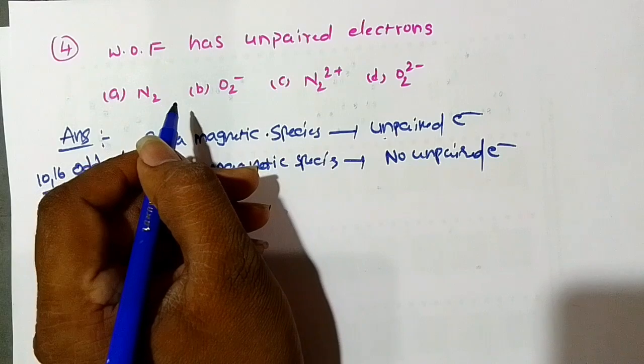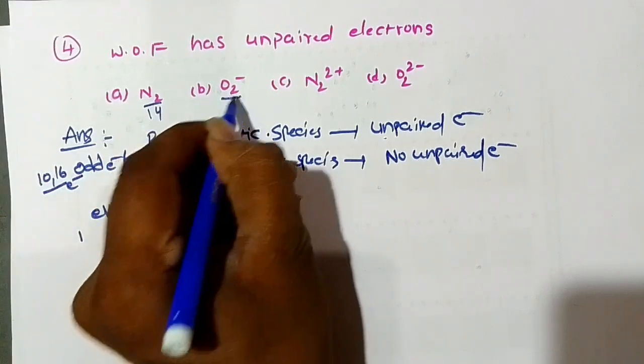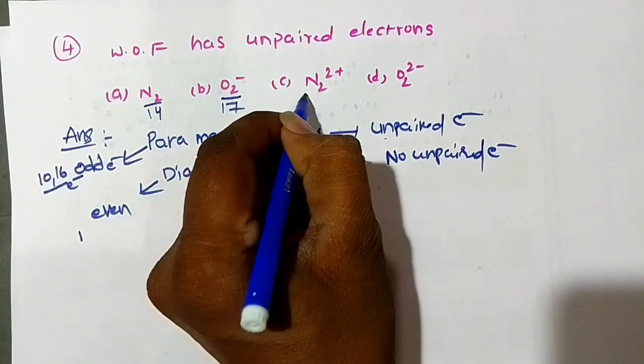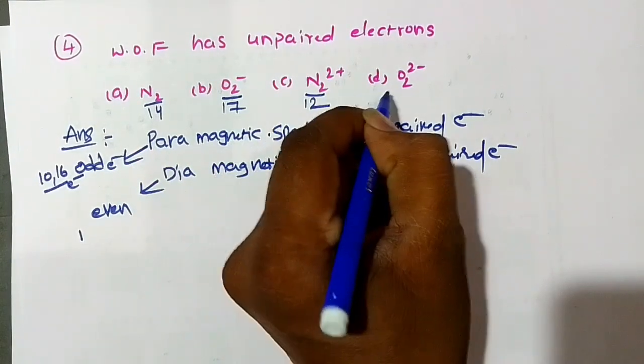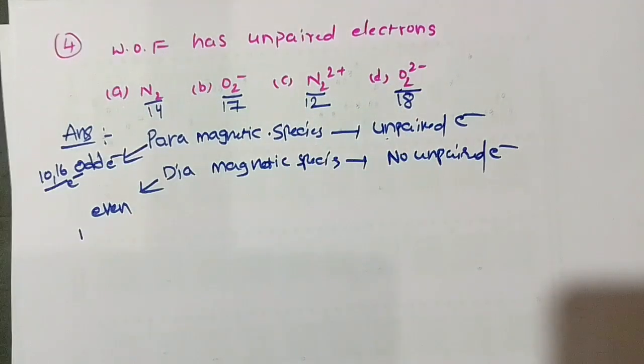Now N2, number of electrons 14. O2 negative, number of electrons 17. N2 2 positive, number of electrons 12. O2 2 negative, number of electrons 18.